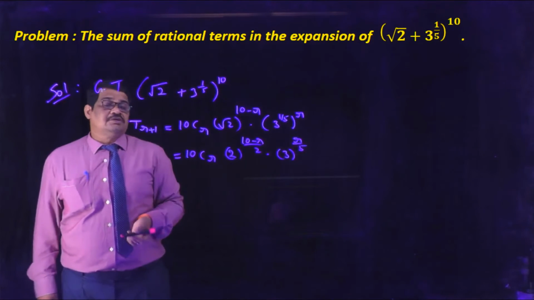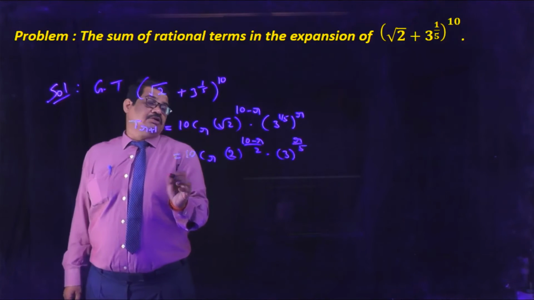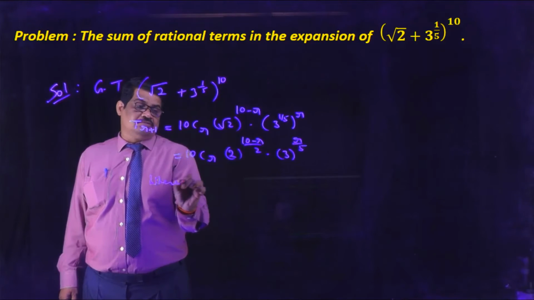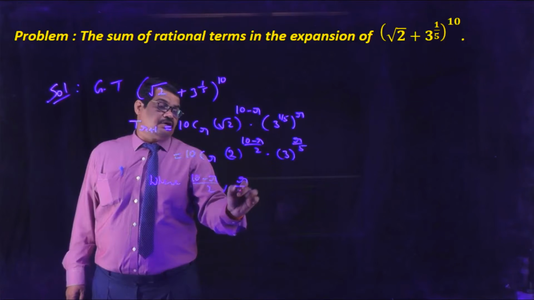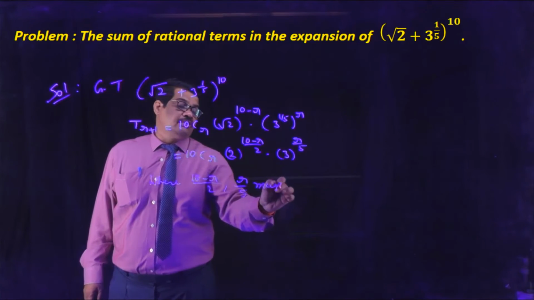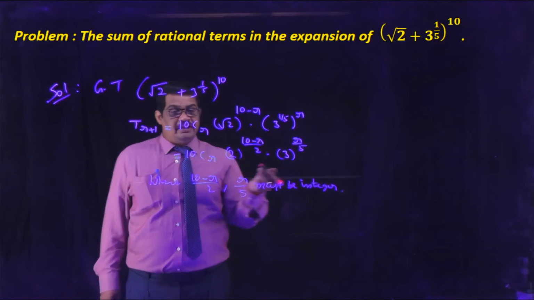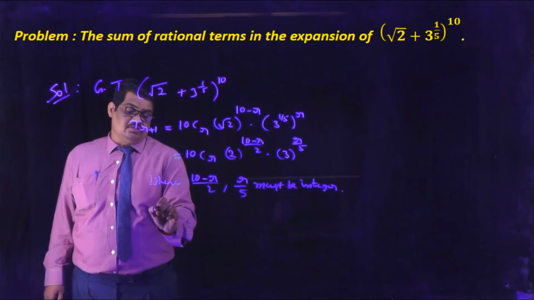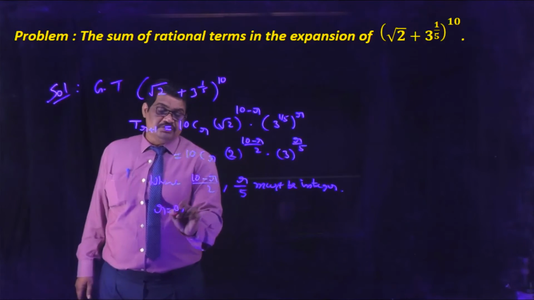Okay, this term is a rational term when these two must be integers. Here (10 minus r) by 2 and r by 5 must be integers, then only we get the rational term. Okay, so what happens when r is equal to 0?